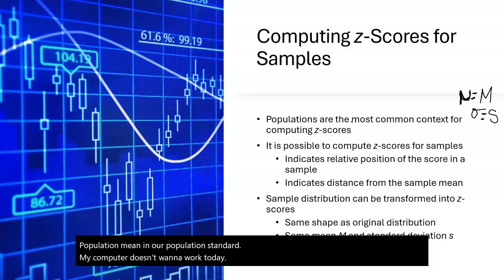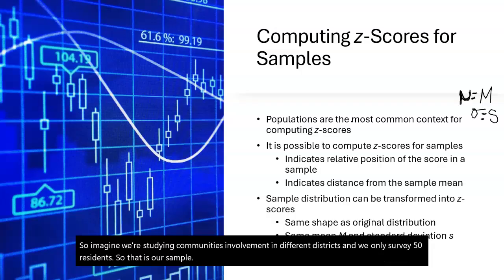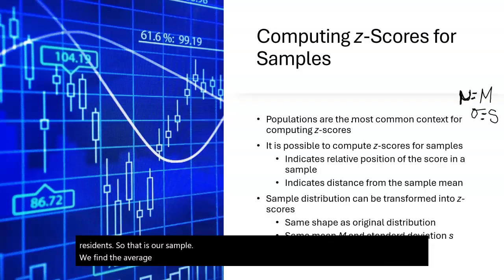So imagine we're studying community involvement in different districts and we only survey 50 residents. So that is our sample. We find the average number of local meetings attended, which is 2, with a sample standard deviation of 1.5.